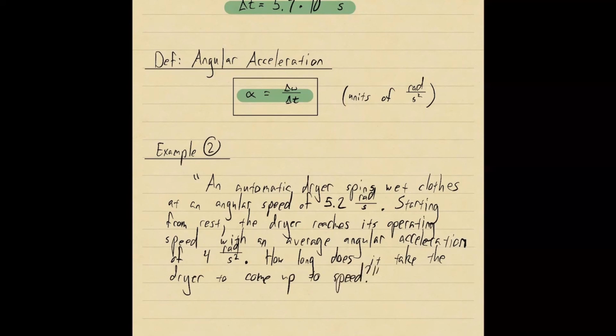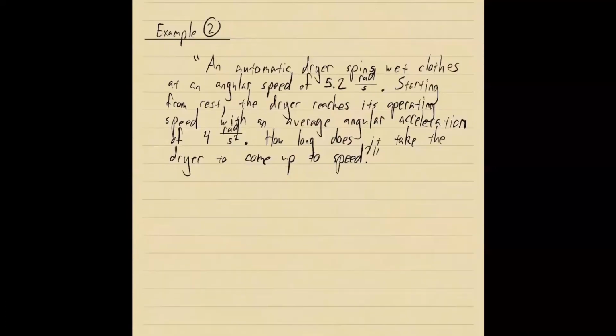All right, so let's write down what we know. The problem tells us that the average angular acceleration is 4 radians per second squared. We know that this thing starts from rest, so the initial angular velocity is 0 radians per second, because it's not spinning.